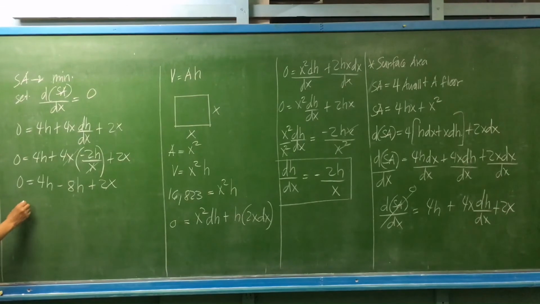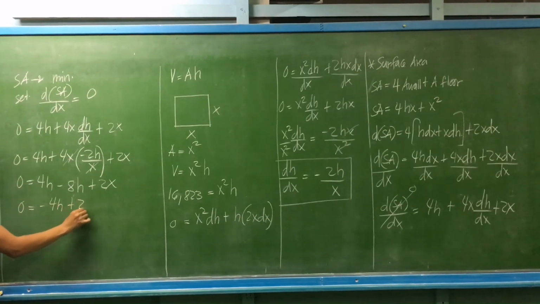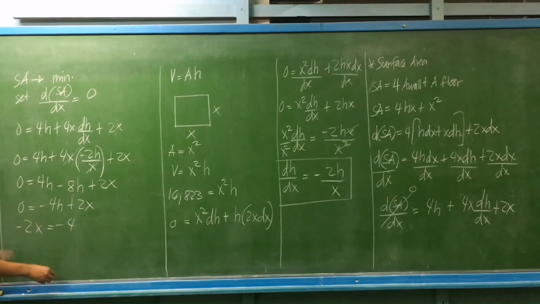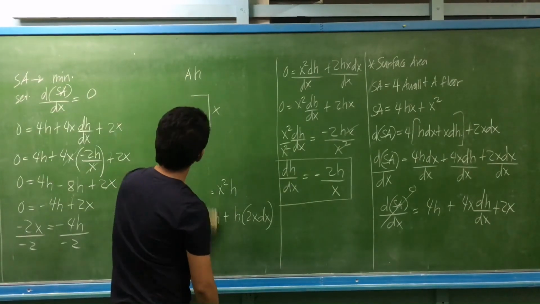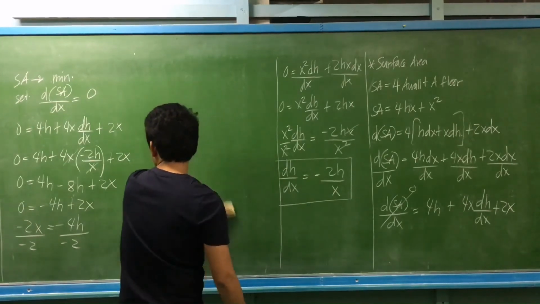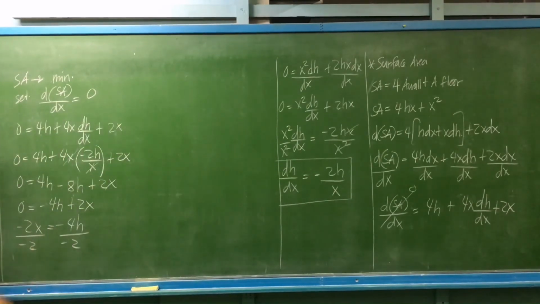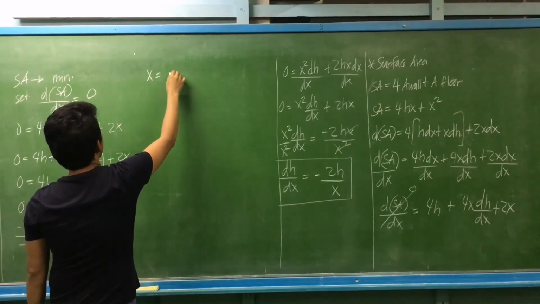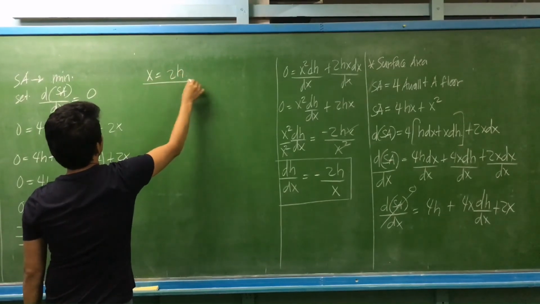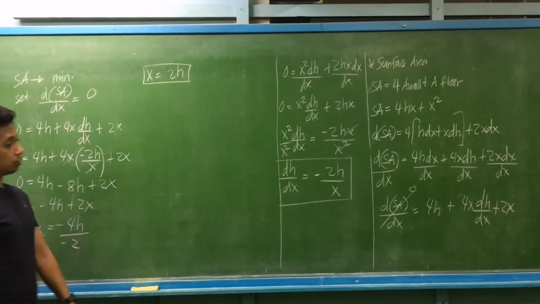So we have now 0 equal to negative 4h plus 2x. So we'll have 2x equal to 4h. Dividing both sides by 2, therefore the equivalent of x should be 2h. So that's the equivalent we got.